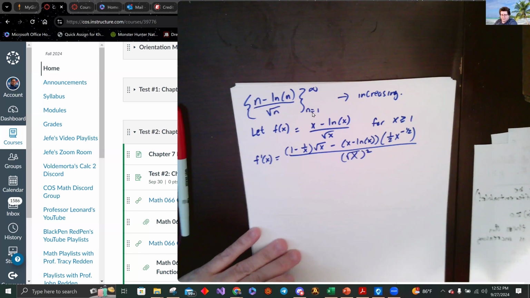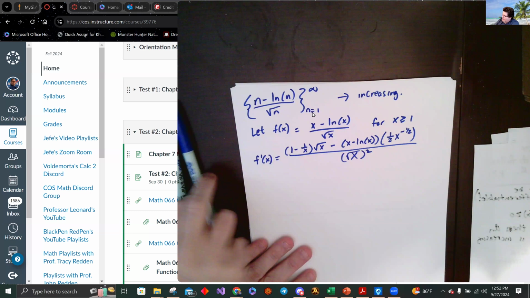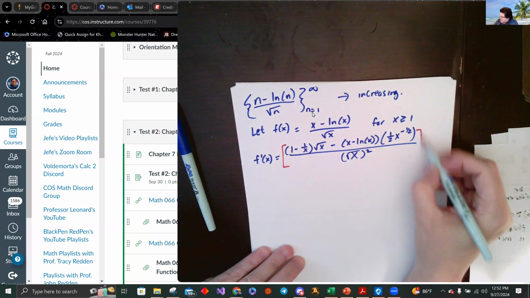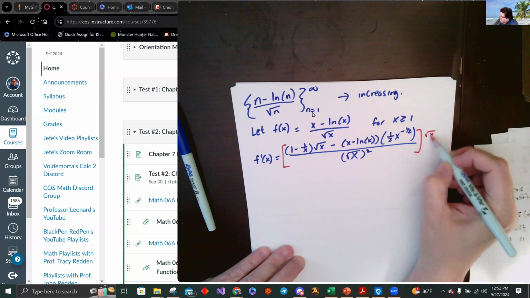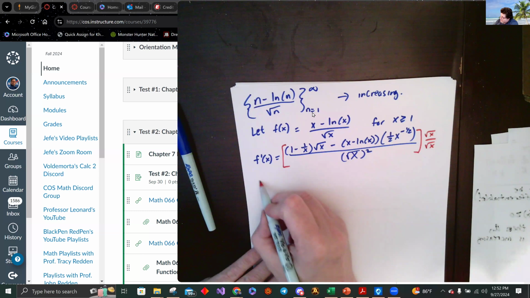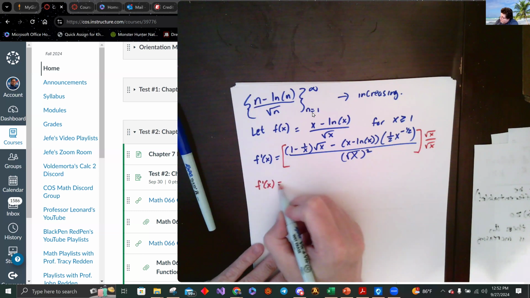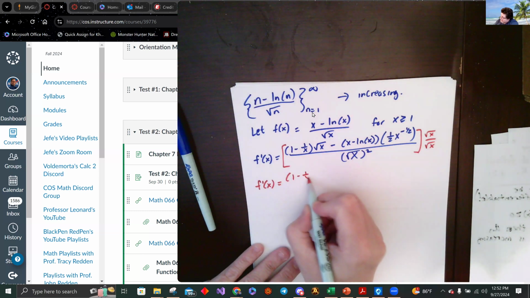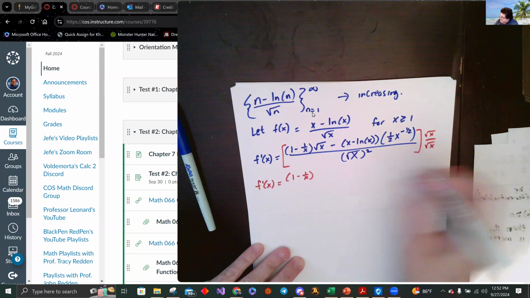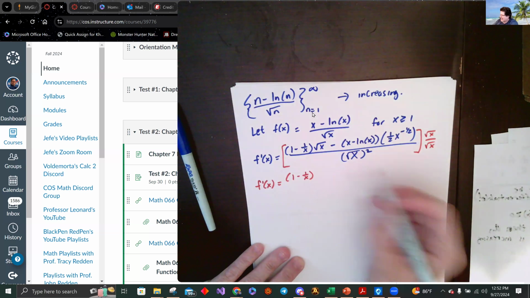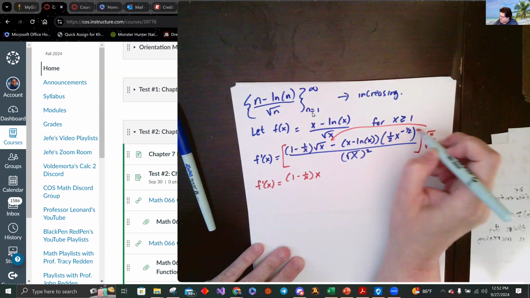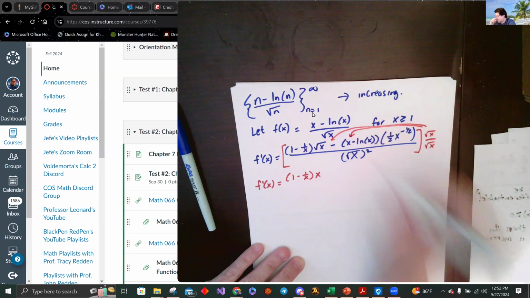So let's see, how do I want to do this? If I multiply the top and bottom by square root of x, and I can do that because x is greater than or equal to 1, then this turns into 1 minus 1 over x. Square root of x times square root of x is x. It has to distribute to everything that's got a plus or minus between them.